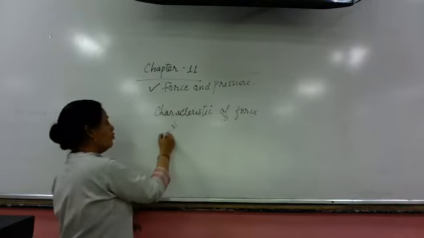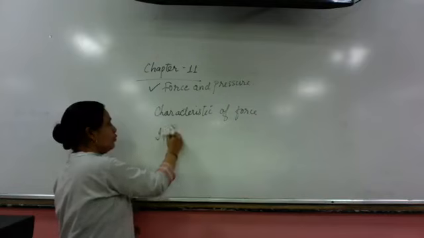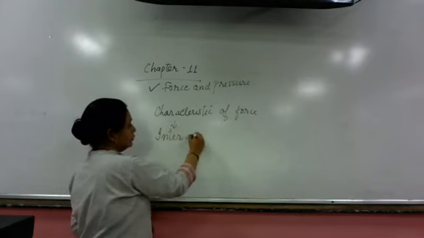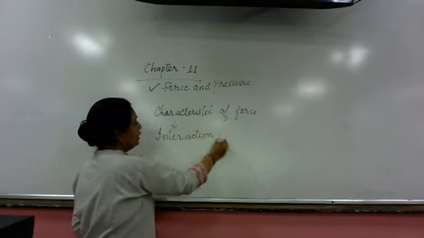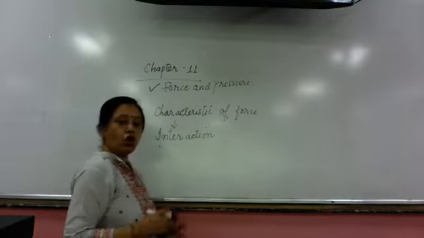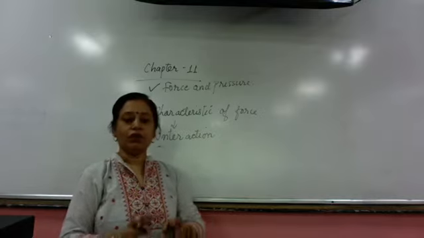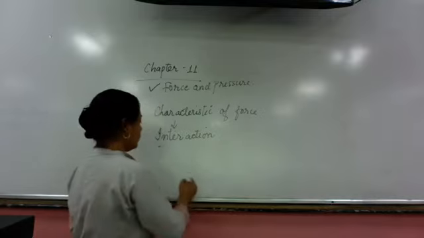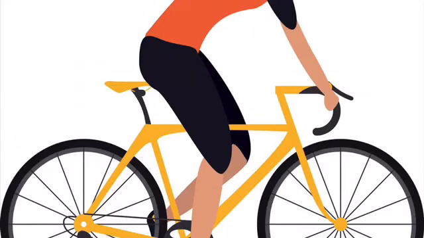Characteristics of force. When we talk about force, it is very important that there should be interaction between two objects where the force exists. For example, sit on a bicycle and wait for it to move on its own. Will it move? No, it will not move.